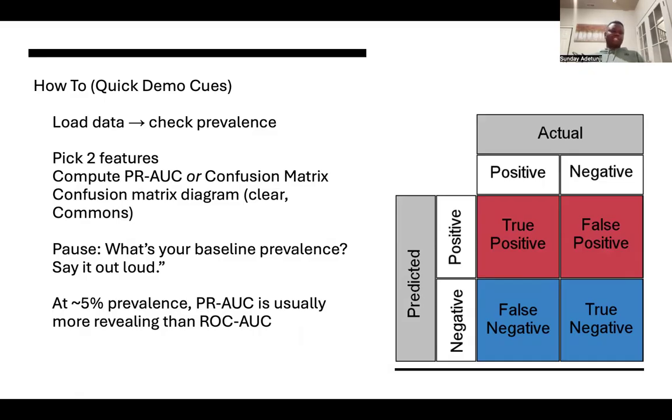Prevalence is the first clue that the PRAUC curve may sometimes be more informative than ROC AUC. So at 5% prevalence, which metric typically tells a more honest story about detection performance? What do you think is the answer? PRAUC. We just said it and we just confirmed it.